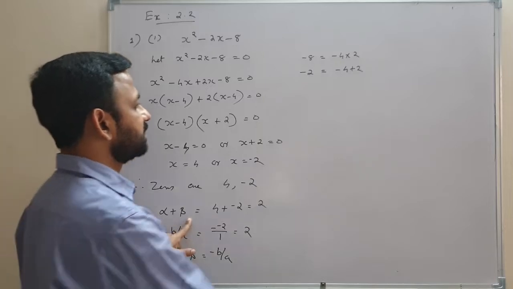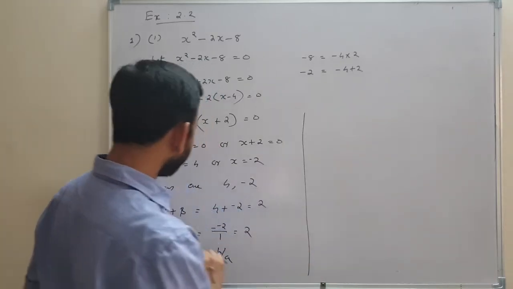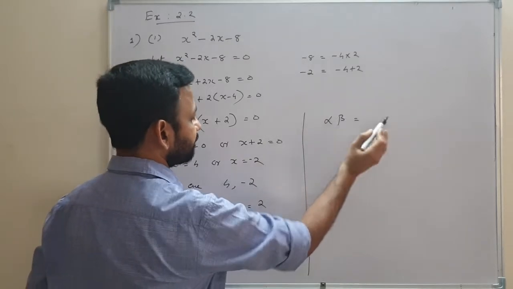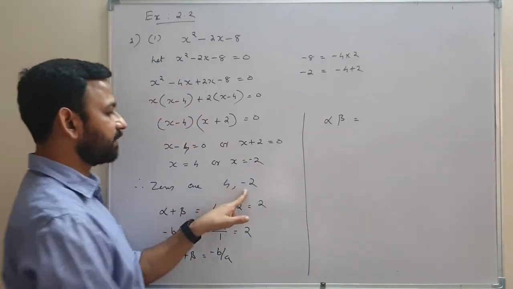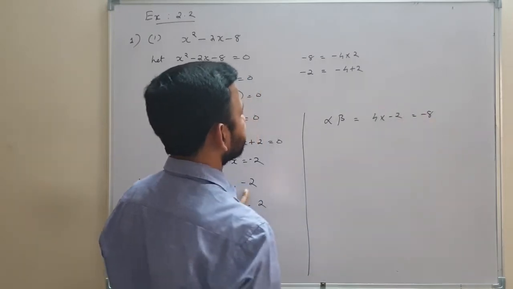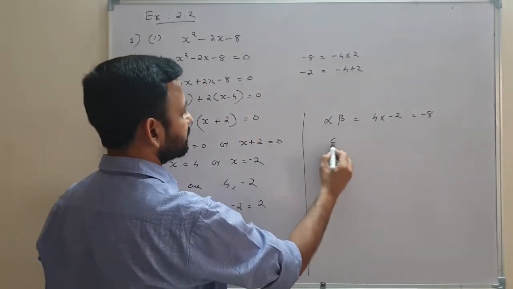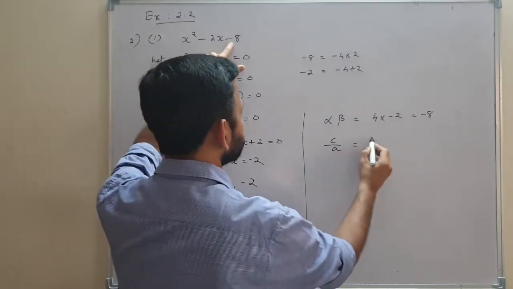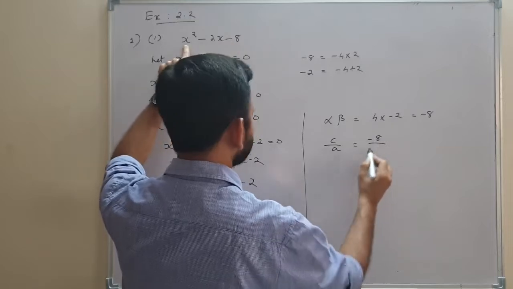Then we can find the second relation, that is alpha beta equal to c by a. So we can find alpha into beta. Alpha into beta, 4 into minus 2, that is minus 8. Then c by a. Here c is the constant, minus 8 upon a, that is 1.